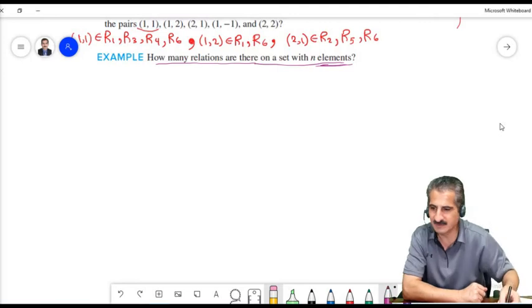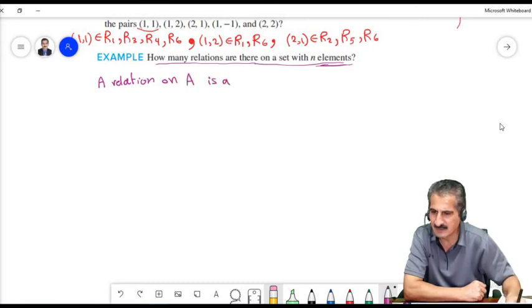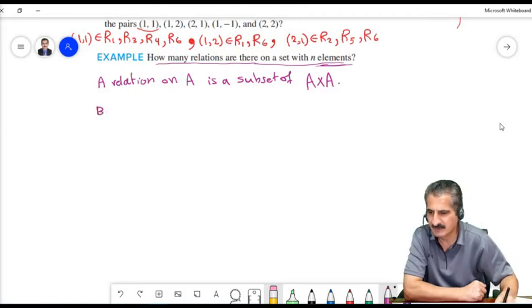A relation on A is a subset of A cross A. So we need to think about the number of subsets.